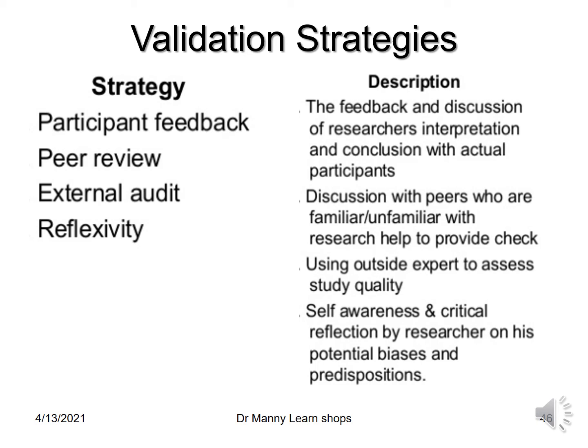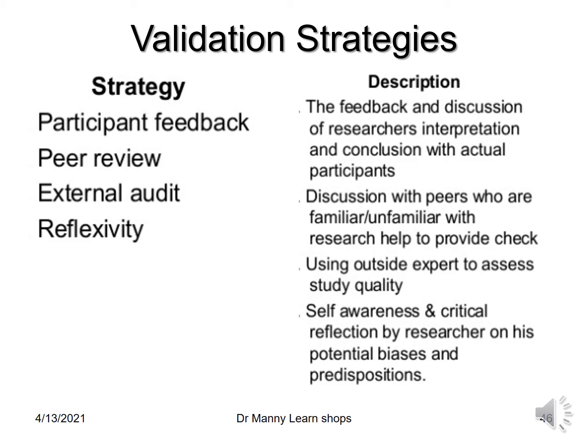Other strategies include participant feedback, cross-checking, peer review, other academic input, external audits, and most importantly, reflexivity. And this is where feedback and discussions about your interpretations and conclusions are involving the participants, cross-checking.